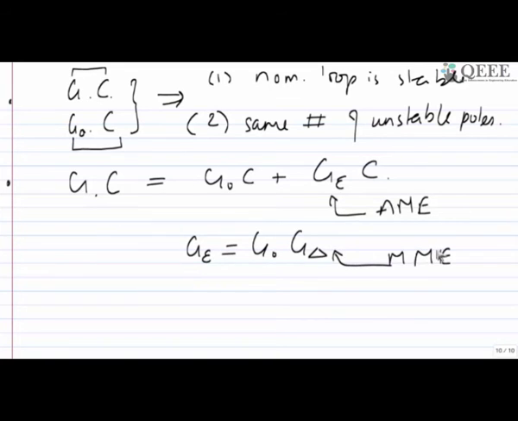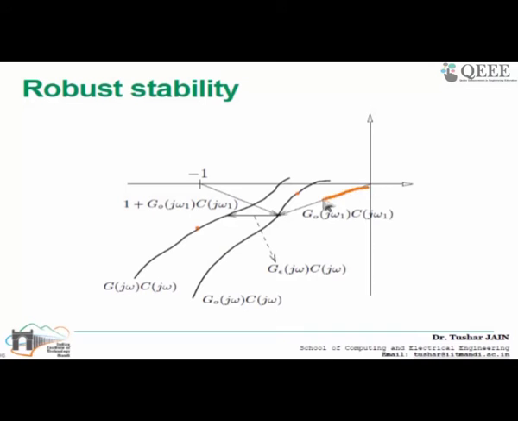Now we go once again to the figure and use the Nyquist stability condition. So see, this phasor is G naught C, and this phasor is -1, right?